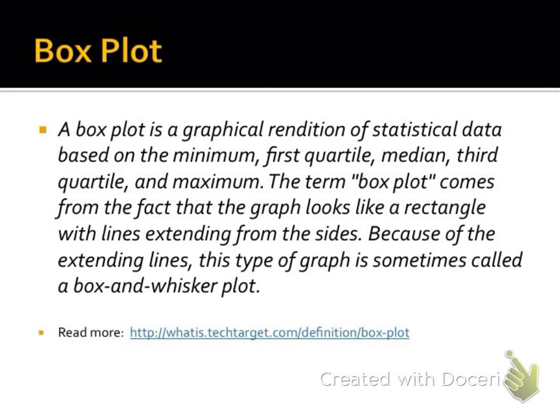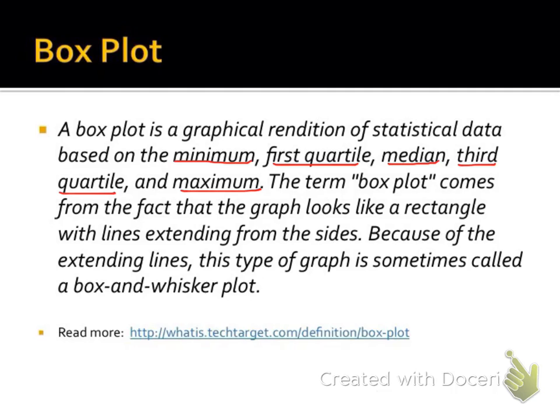Another representation is called the box plot, and a box plot is a graphical rendition of statistical data based on the minimum, the first quartile, the median, the third quartile, and the maximum.